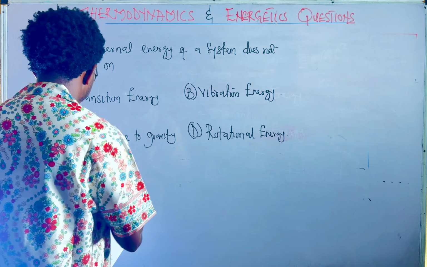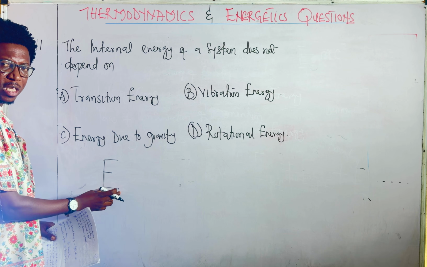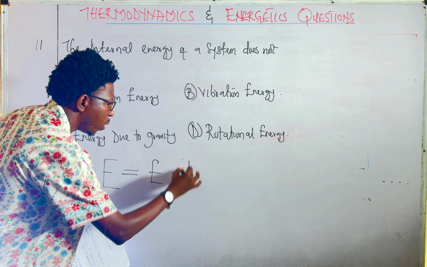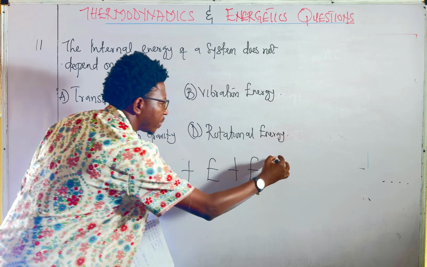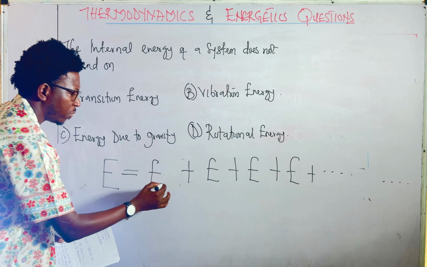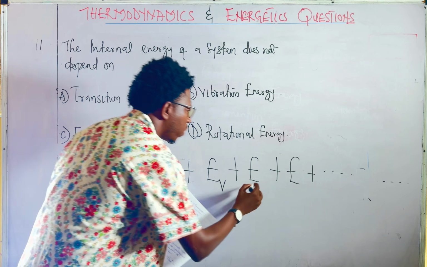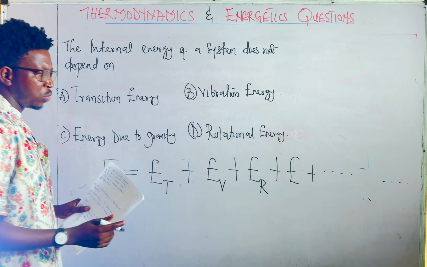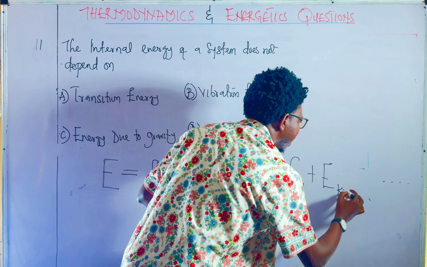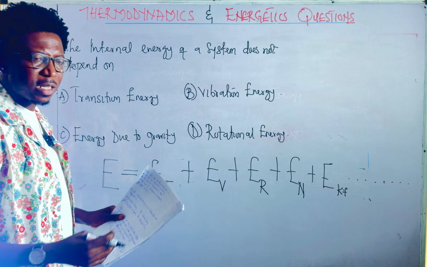So in a nutshell, internal energy, which is represented with capital letter E or U in energetics or thermodynamics, is equal to the sum of the transition energy, the vibration energy, the rotational energy, the nuclear energy, the kinetic energy, and as many of the different forms of energy in that system.